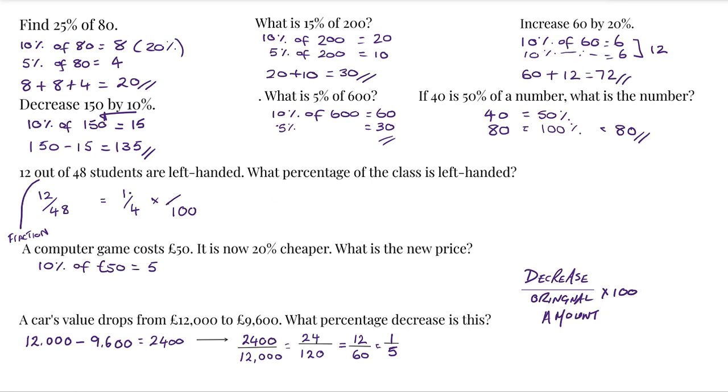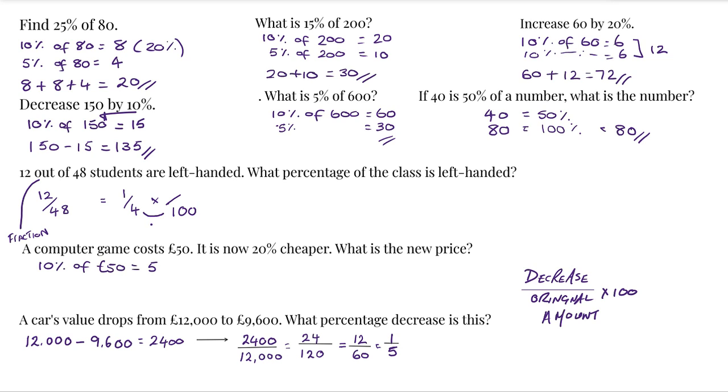12 out of 48 students are left-handed. What percentage of the class is left-handed? So, "out of" is telling us we need to make a fraction. So we're going to do 12 out of 48, which equals, if we simplify it, 1 over 4. Now we need to get a percentage, so we're going to have to find something that times to go into 100.